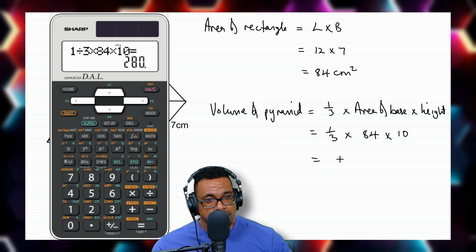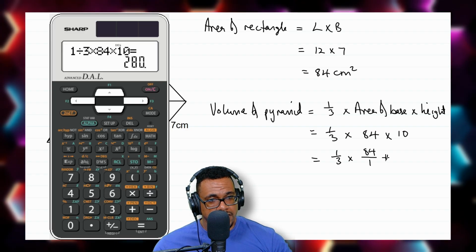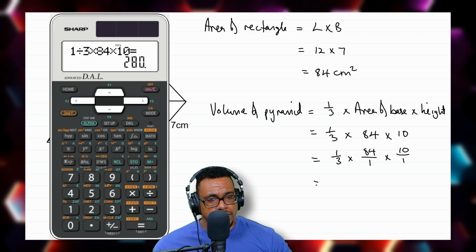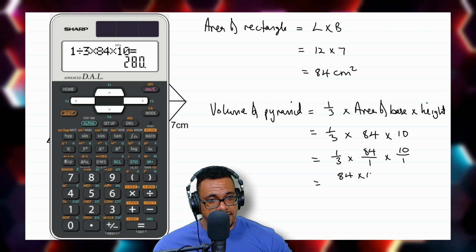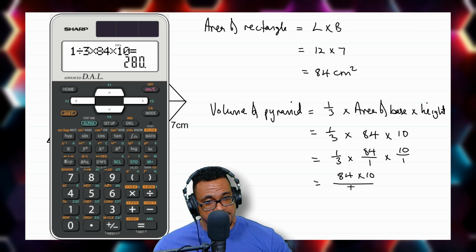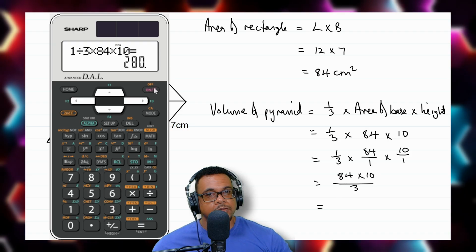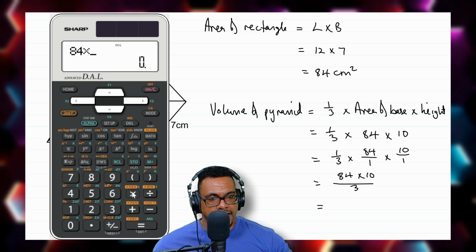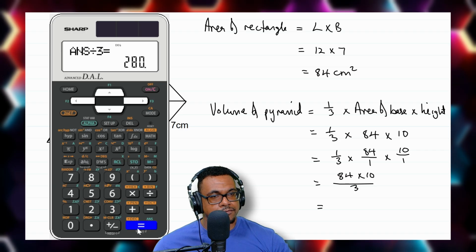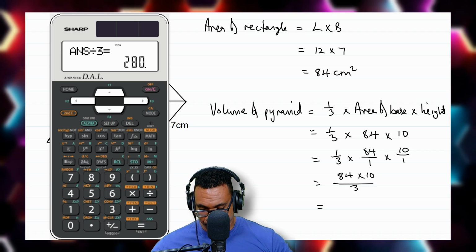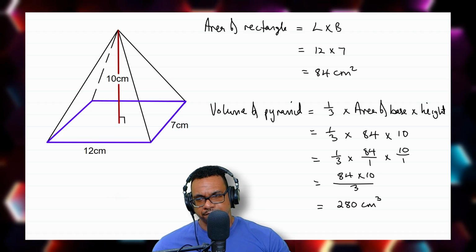Now we could also say, if we had put the 1/3 multiplied by 84 over 1 multiplied by 10 over 1, that'll just be 84 by 10 over 3. So on the calculator, I multiply 84 by 10, get the answer, and then divide by 3. And I get 280. So my answer will be 280 centimeters cubed.